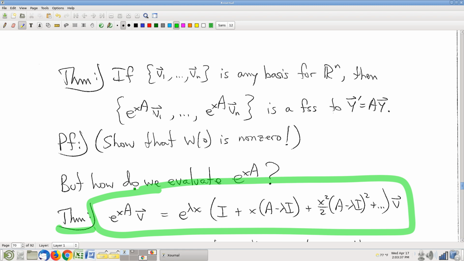Now, why do we care? Let me first trash this formula. Let me tell you what stinks about it. This matrix exponential is an infinite series. Right? So rather than multiply this infinite series times v, I can instead multiply this other infinite series times v.